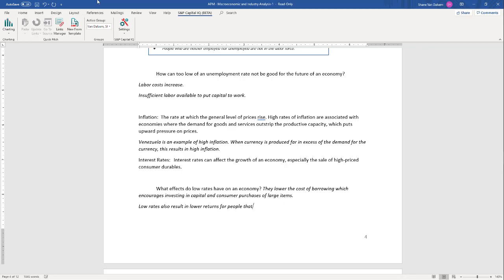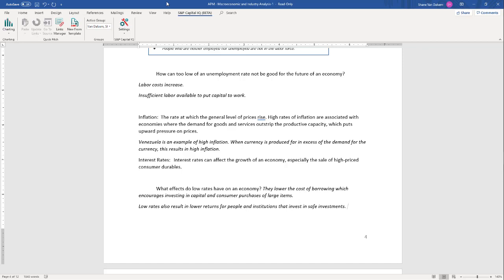Sorry, let me add one more thing there. For people and institutions, retirees are more likely to invest in things like certificates of deposit, corporate bonds, and government bonds.